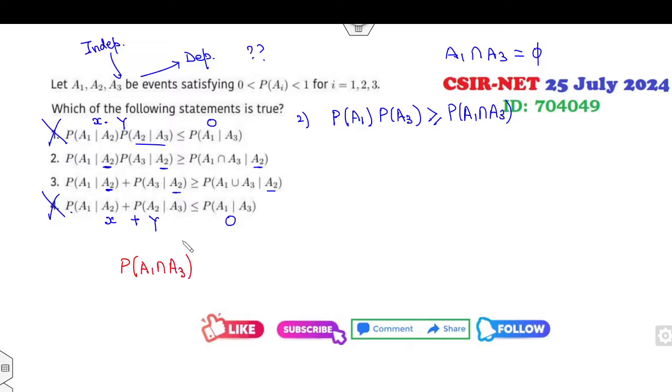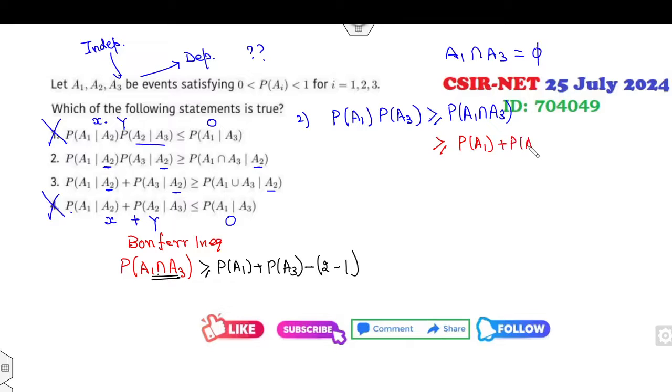Because we all know by using the Bonferroni inequality, the intersection probability is greater than or equal to the sum of the probabilities minus (n minus 1). What is n? The number of events you have taken. In this case, n is 2. So I can substitute this value. It is greater than or equal to P(A1) plus P(A3) minus 2 minus 1, which is 1.